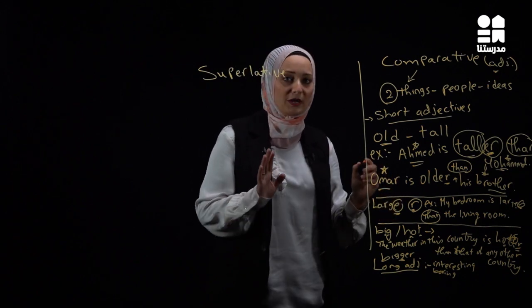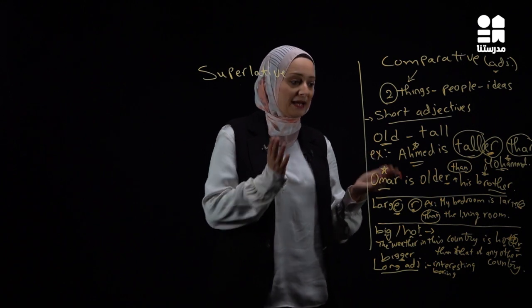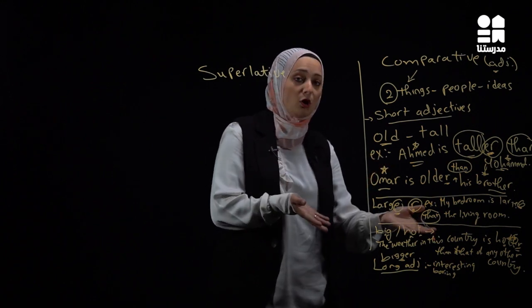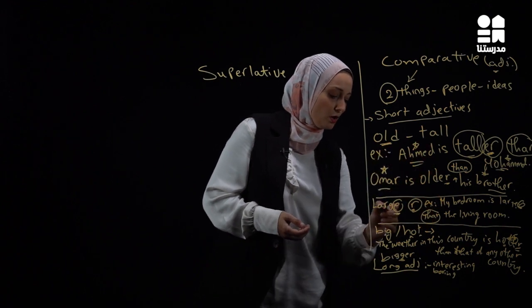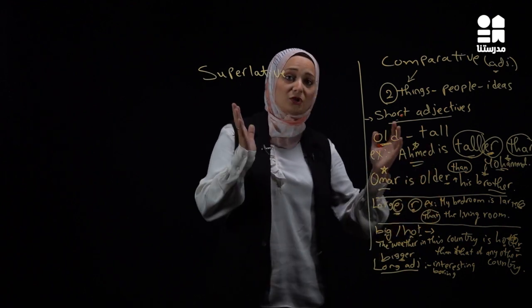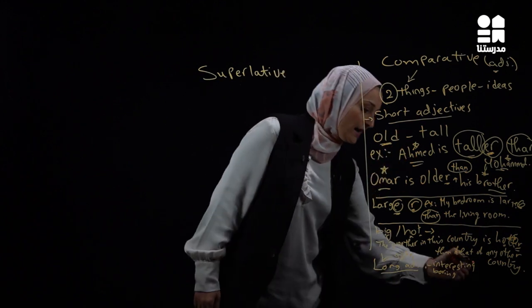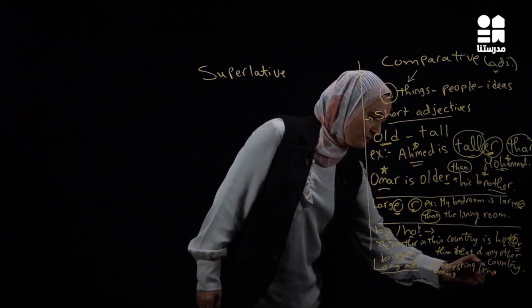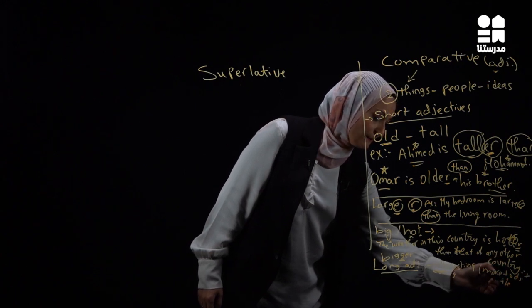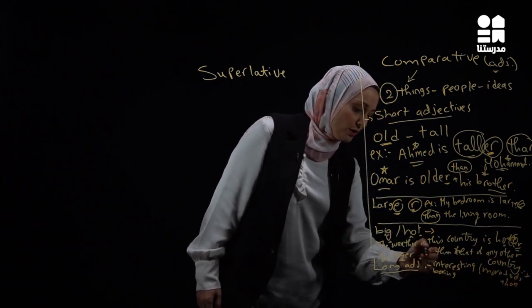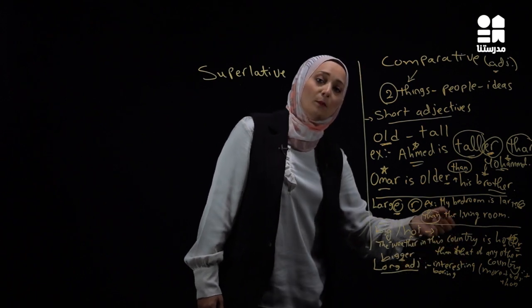I do not do that. ما ينفعش اعمل كده. طيب أنا عايزة أعمل comparison ما بين حاجتين وعندي long adjectives. الادجكتيف طويل مش صغير زي old وtall وlarge وbig، مش صغير. adjective طويل هنعمل إيه؟ We add more plus the adjective as it is plus than. بحط more الأول وبعد كده الادجكتيف وبعد كده than.